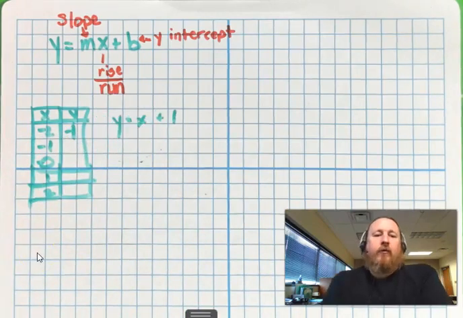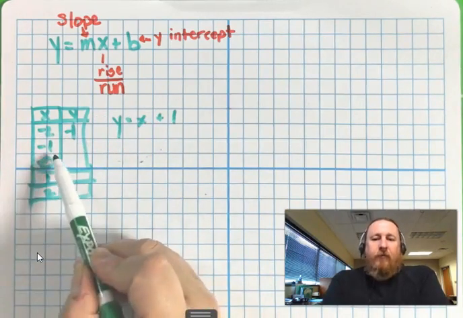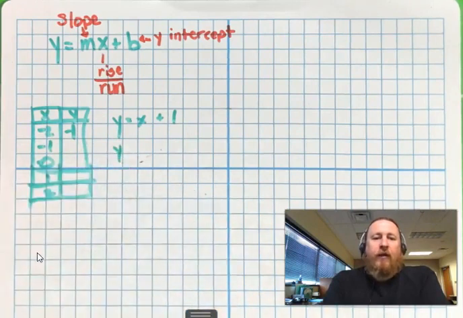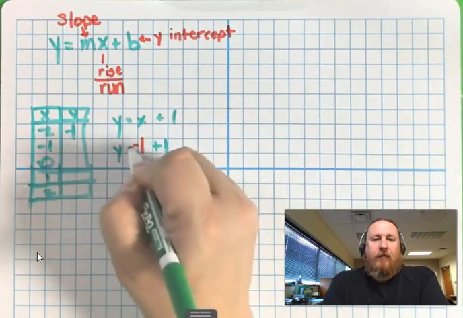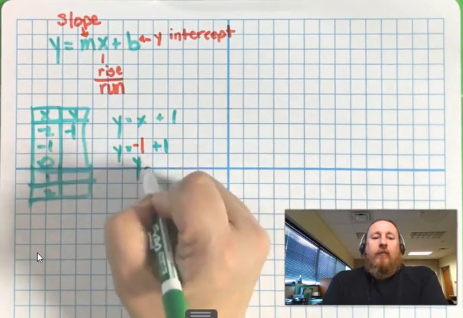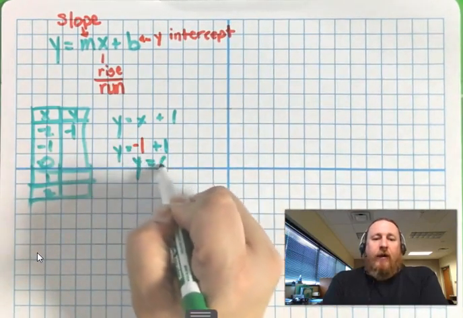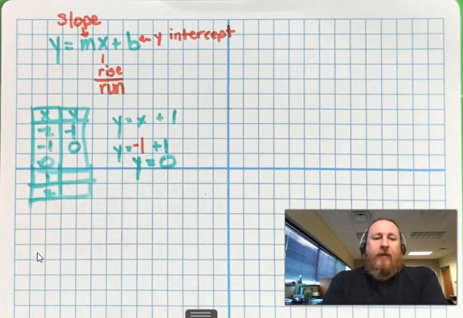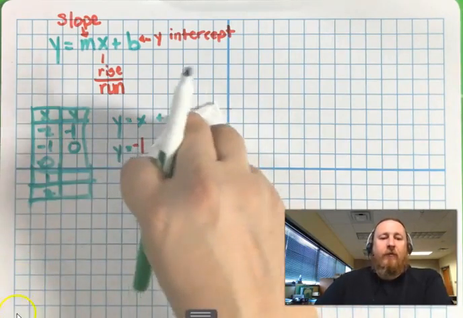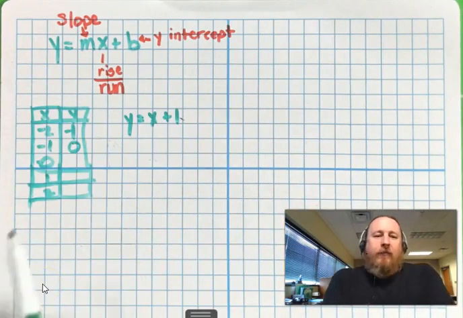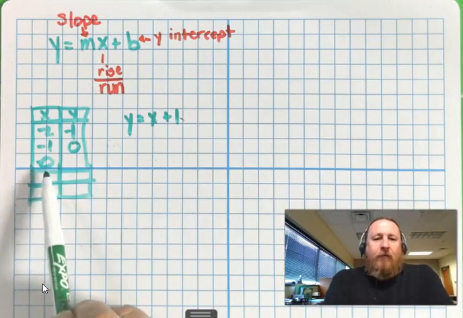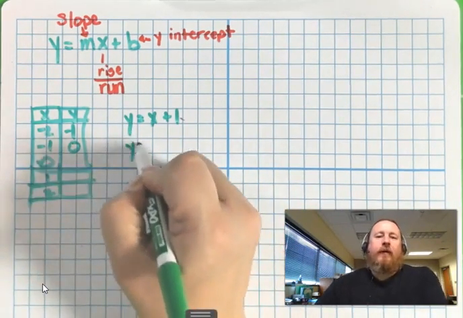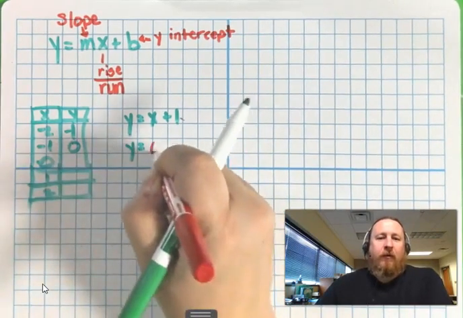The next value of x is going to be -1, so we're going to write the equation as y equals -1 plus 1. We combine our like terms and get y equals 0. Thus, for an x value of -1, the corresponding y for this equation is 0. So we are now going to assign x the value of 0 and fill in y equals 0 plus 1.